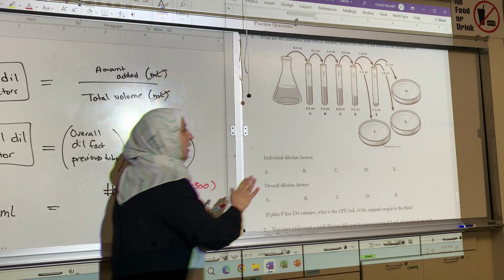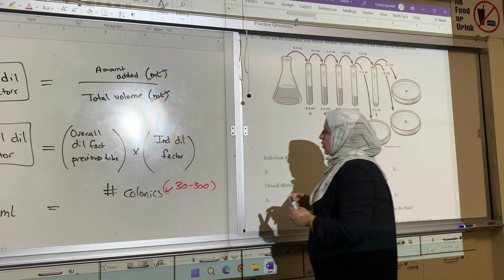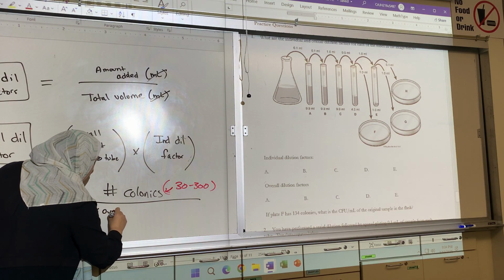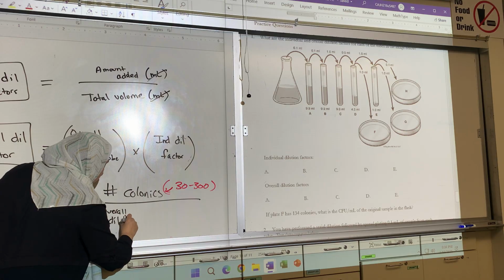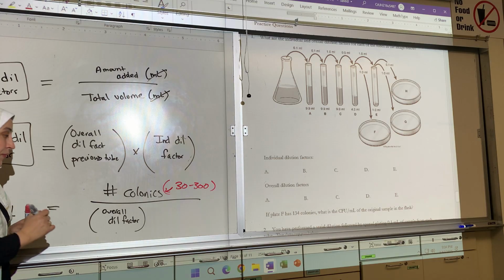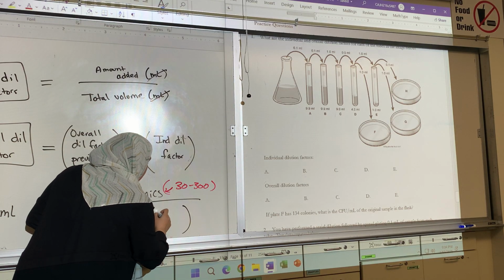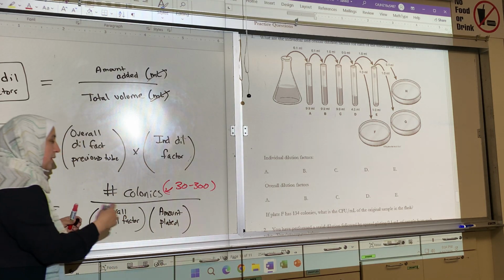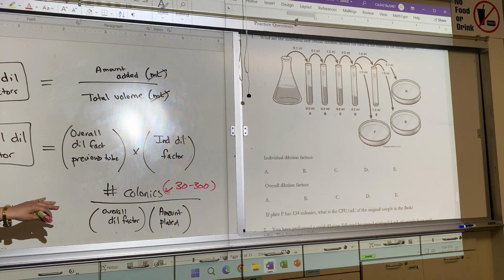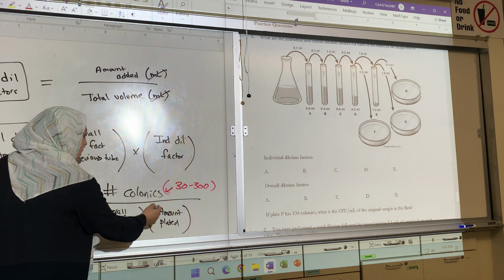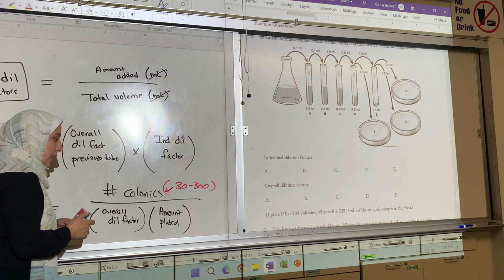We're going to choose the plate that has the appropriate number of countable colonies. And we divide that by the overall dilution factor of the tube that we got this solution from, multiplied by the amount plated. And we said that's really important because sometimes equations will have an assumption about the amount plated, but if it's anything less than 1, it actually changes the math, and it changes an order of magnitude. So we should include it in our calculations.